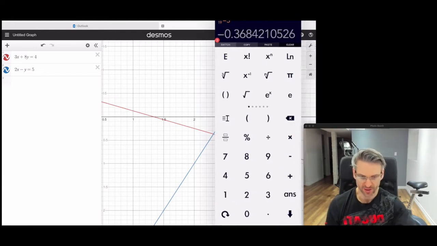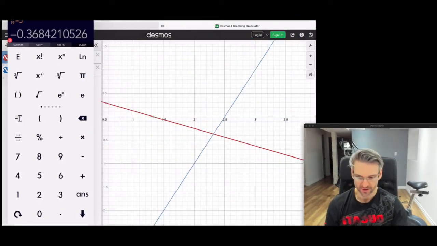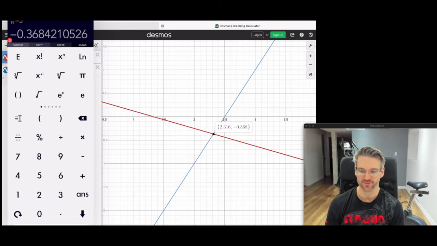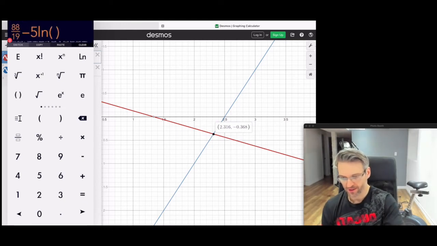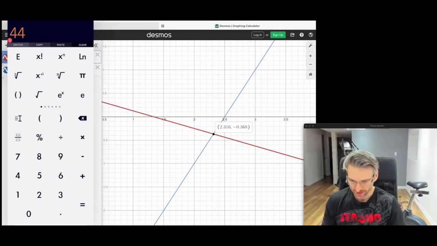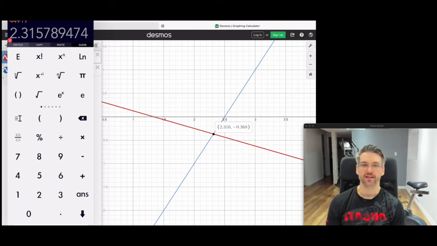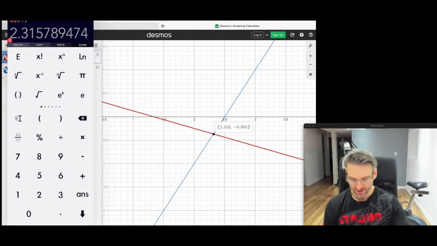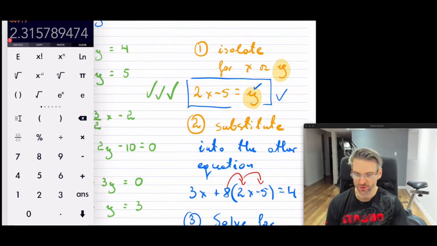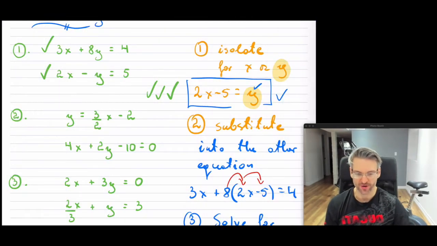If I change it back to decimal and then graph it, notice, negative 0.368. So yeah, that's exactly what it is. And then the first was 44 divided by 19, and that's what it is exactly. So that's how you use substitution in order to find your answer.